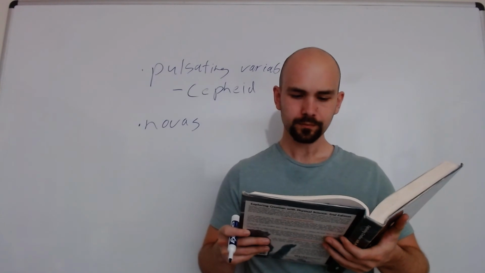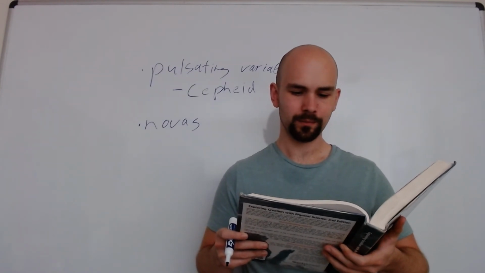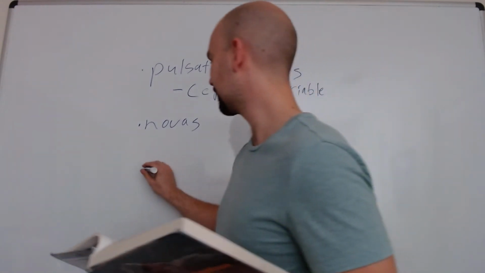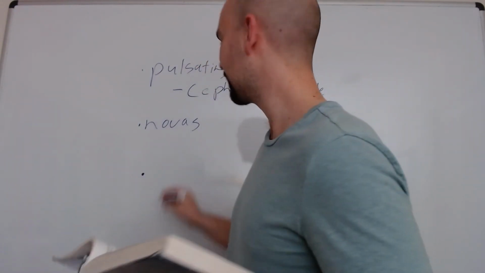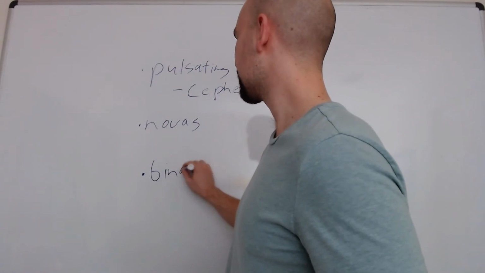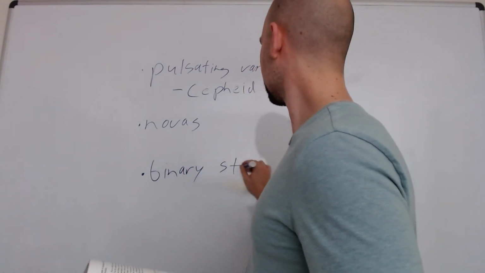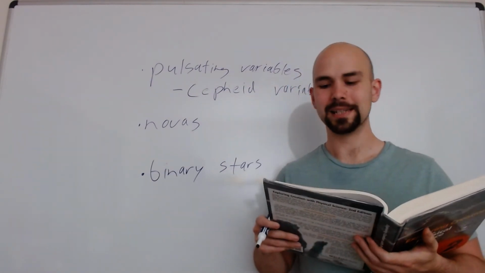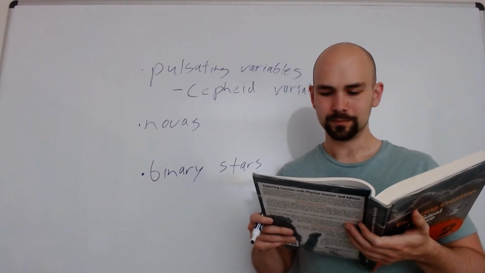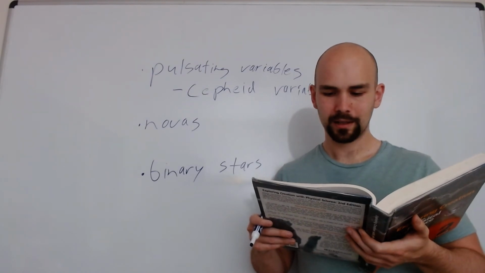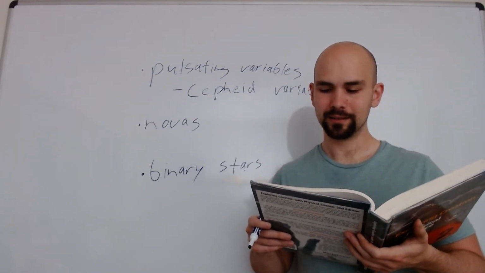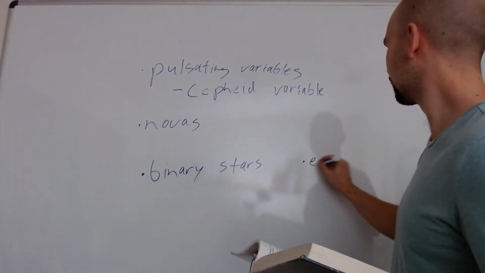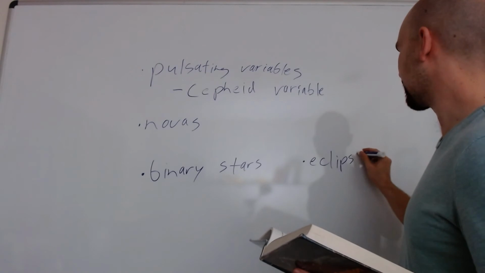So there's also going to be different things that are just kind of interesting types of stars to point out, like binary stars. These are going to be stars that are very close to each other, so they're like in the same solar system. But then we also have eclipsing binary stars. Just going to hit these really fast.